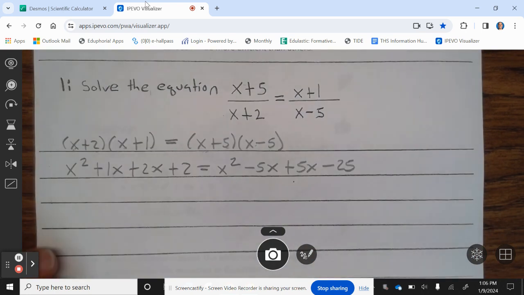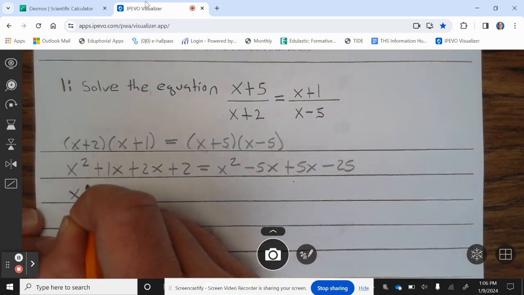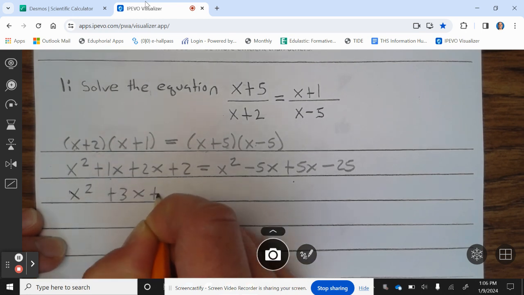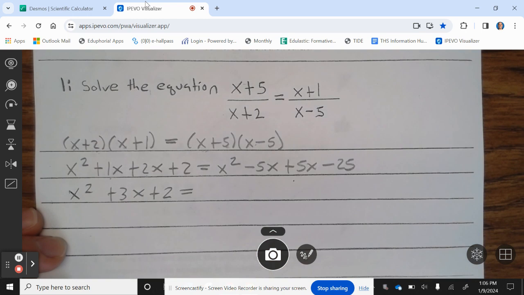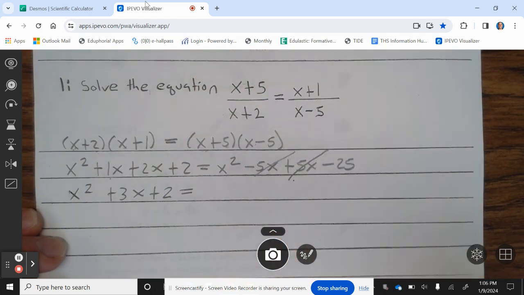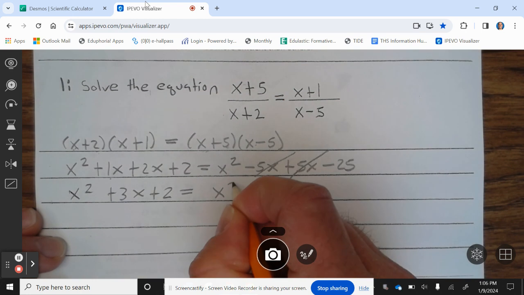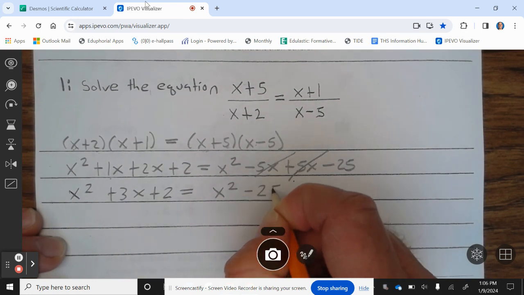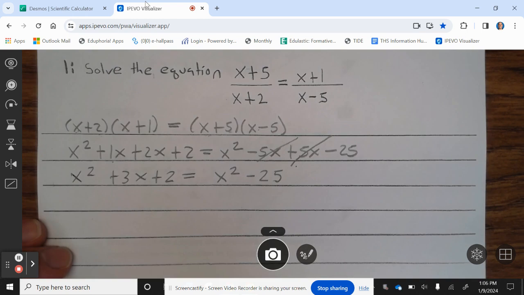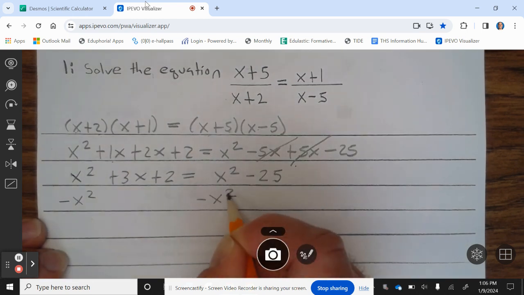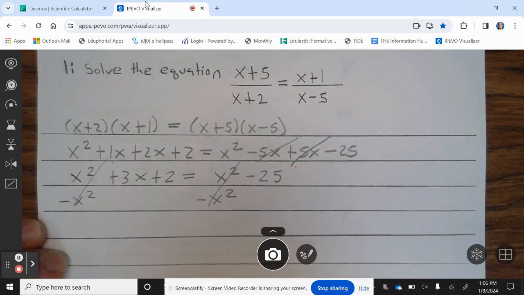Okay, now we combine terms, so that's x squared, 1x plus 2x is plus 3x plus 2 equals, cancels. So then you get x squared minus 25. We can subtract x squared from both sides. Cancels. You're left with 3x plus 2 equals negative 25.